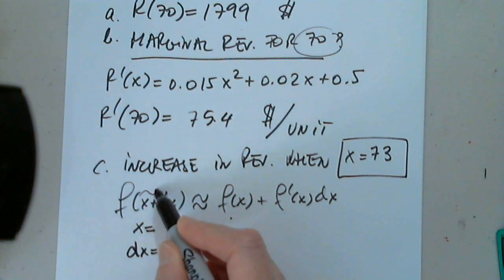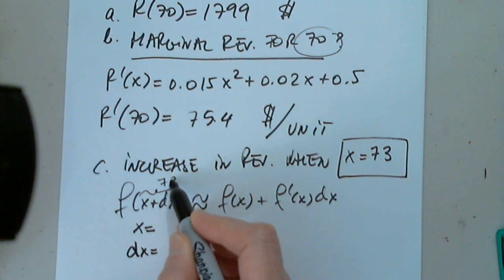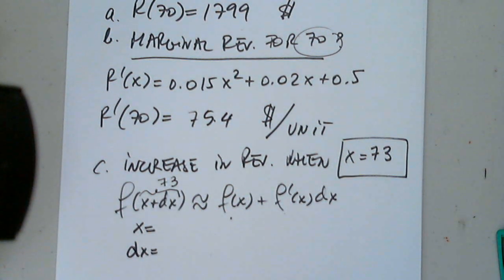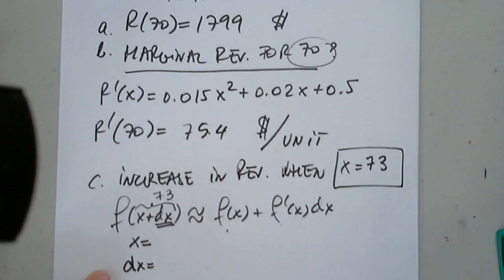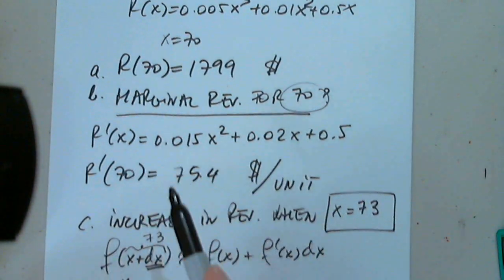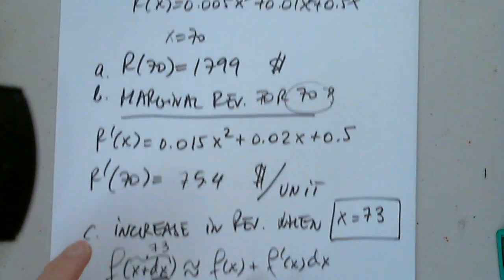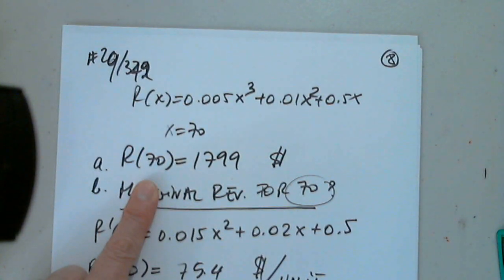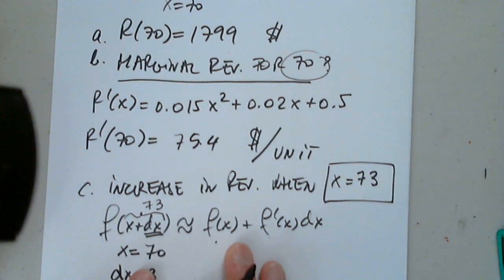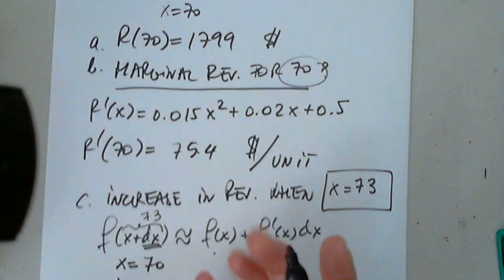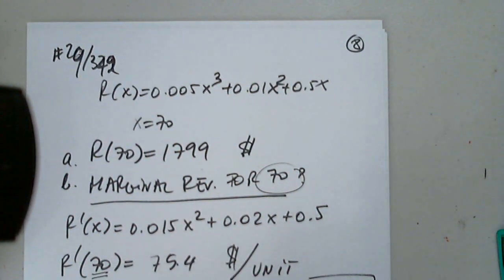So this has to be 73, and this has to be tiny. Is it 72 and 1? Careful, because we have 70, we will say x equals 70 and then 3. Only because we already started with 70. We cannot use 71 because we don't know anything about 71. So we know 70. Is that clear?